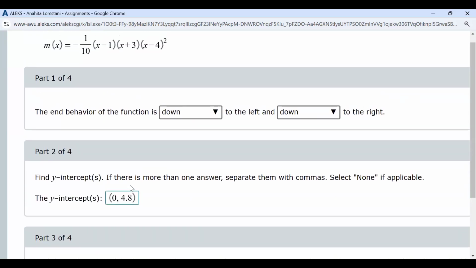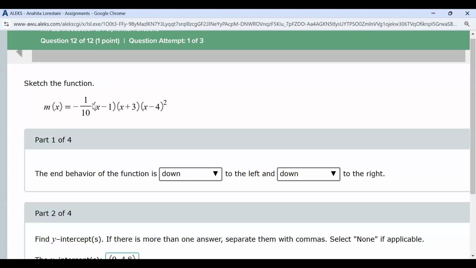The next thing I would do is I'm going to evaluate the function at -1 to see what I will get. So I'm going to substitute -1 here and see what we get. So we have -1/10. I put -1 for x, -1, -1 is -2, times, I put -1 here, -1 plus 3 is going to be +2.